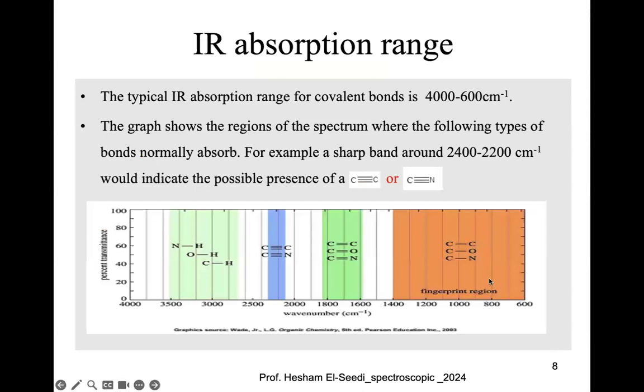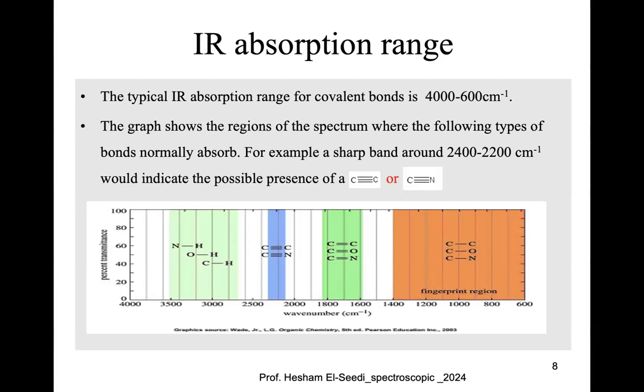If we go to the range, I think it's important to know the range between 600 to 1400 is a sigma bond, single bond, CC, CO, CN, right? In the next range, between 1,600 and 1,800, it is a double bond, whether CC, CO, CN.